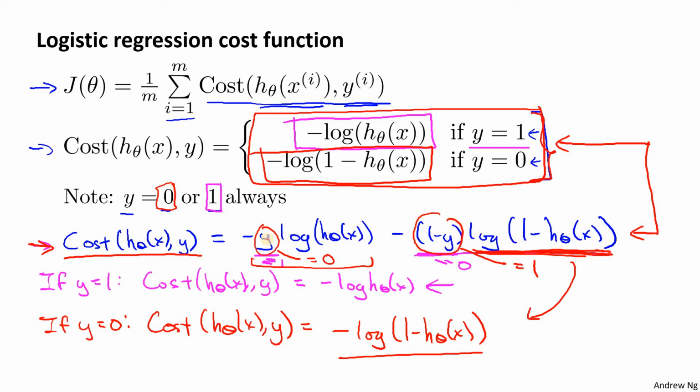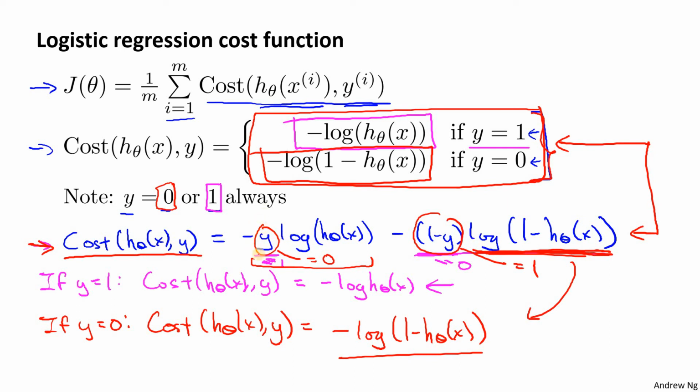So these two values, y and 1 minus y, are just like selectors. Something similar to the multiplexer you may have seen in logic design, where you select the first input or the second input. The same thing is happening.